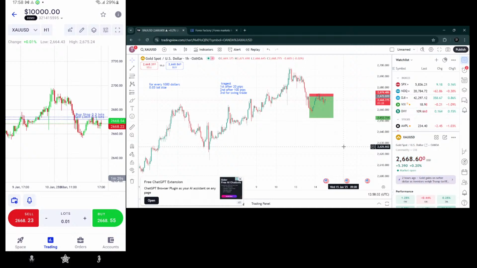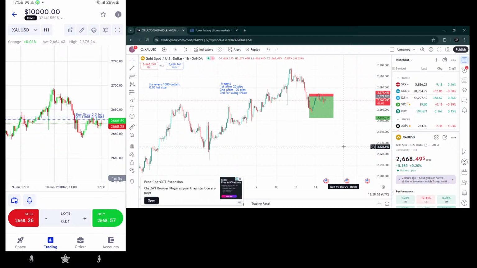So in every, for example, from 2700 to 2800, how the market will move in every dollar, it will move in every $100.